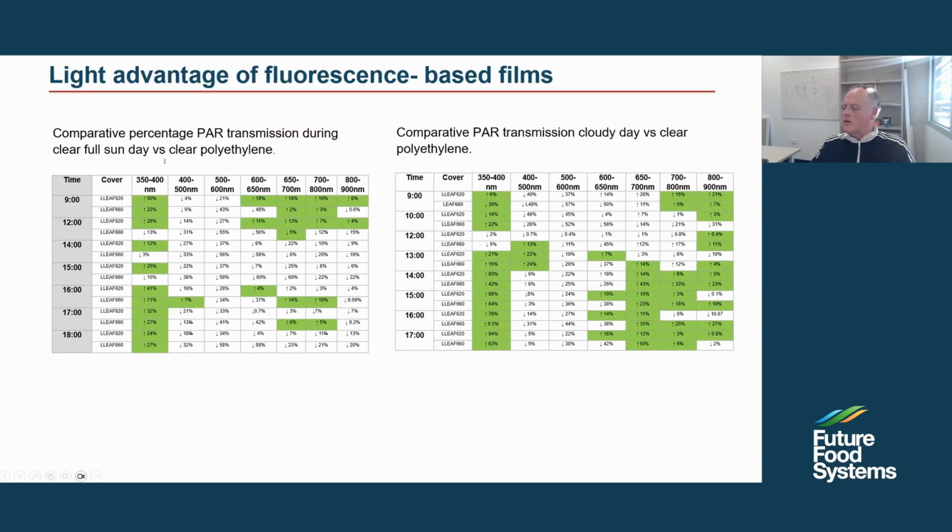But even here, we can start to see that in the region 300, 400, we do get an advantage from the film, which we were interested in because the blue spectrum is what we would expect to trigger the production of flavonoids. There is a small increase, but it's not a great deal, although it looks large in percentages.